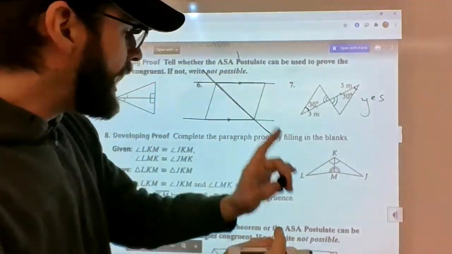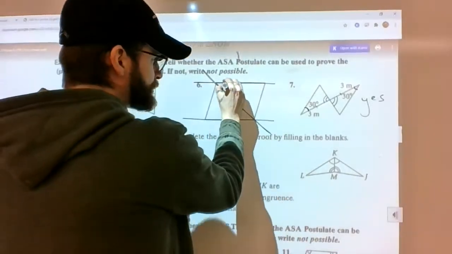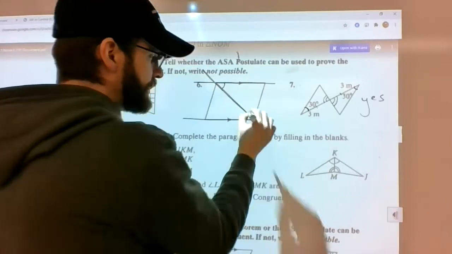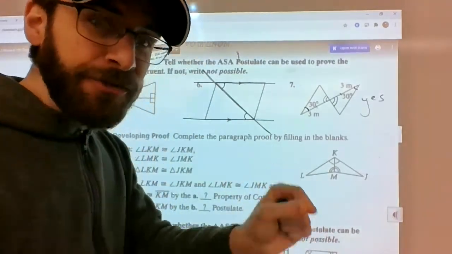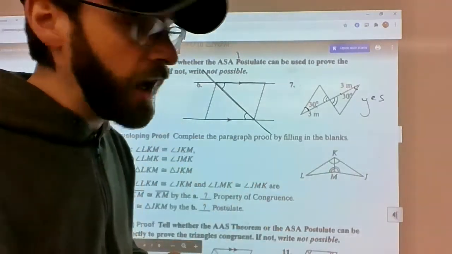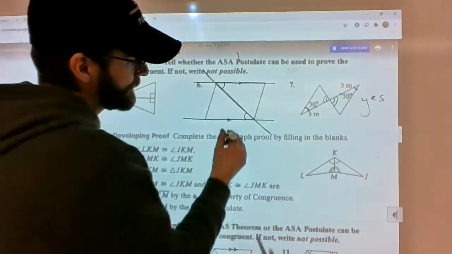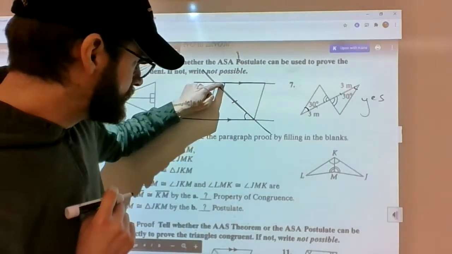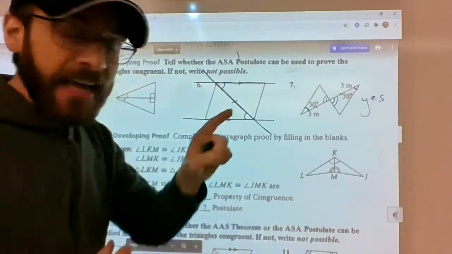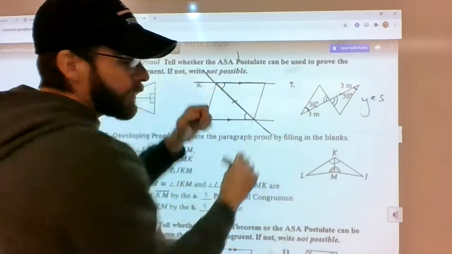we've got right off the bat, so try to ignore these for a moment. You've got alternate interior angles right there because alternate interior angles are congruent if you've got parallel lines. And the side itself is congruent to itself. So we've got angle, side, and if we can prove that these 2 angles are congruent to one another, we've got it.